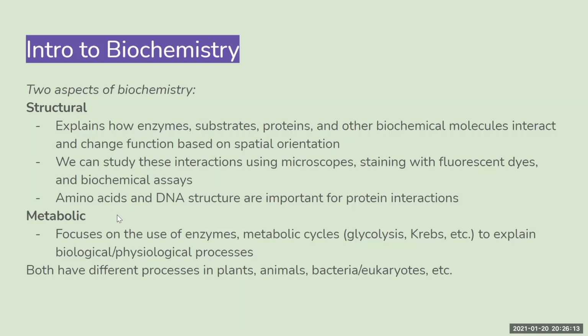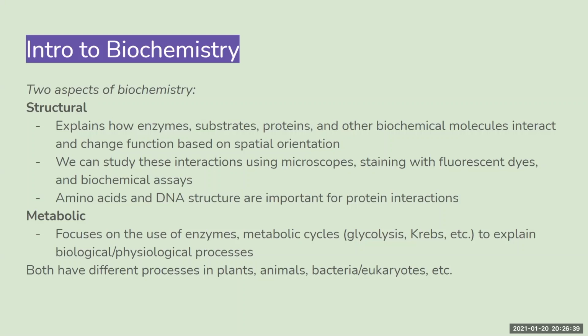Amino acids and DNA structure is really important for these protein interactions because they are the building blocks of our DNA and of these proteins. And metabolic biochemistry is essentially what the last slide was demonstrating on the use of enzymes and different metabolic cycles to explain all of these physiological processes that occur.